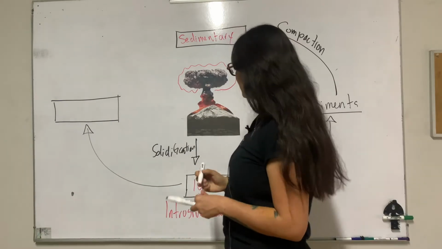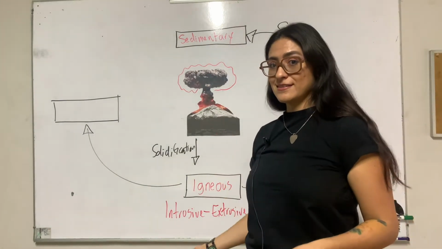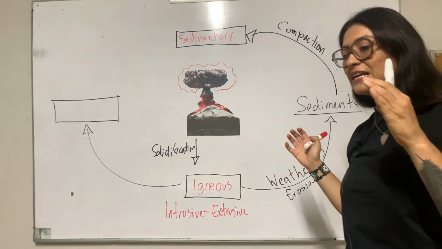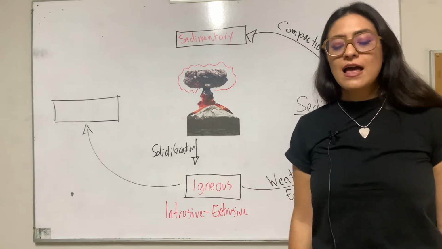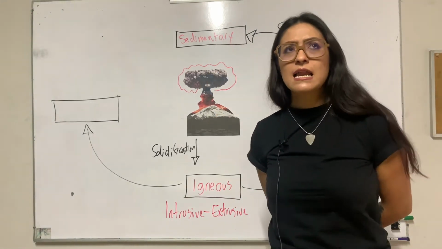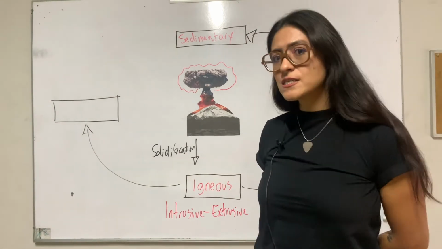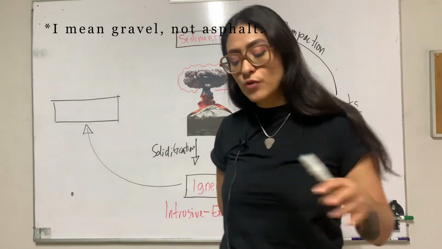Sedimentary rocks are the rocks made of sediments. When they get so tight, they form new sedimentary rocks. This type of rock is very common for construction purposes, like sandstone or asphalt. It's a very common rock in the world.